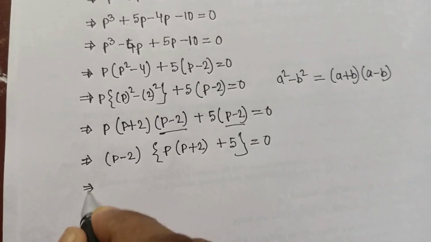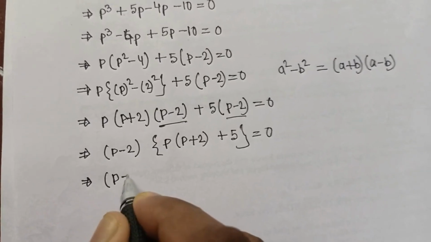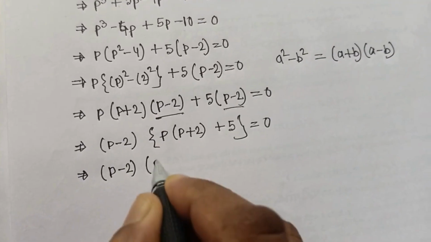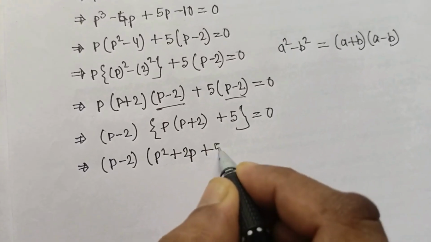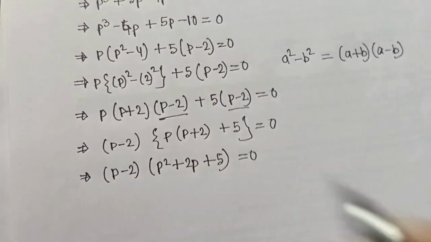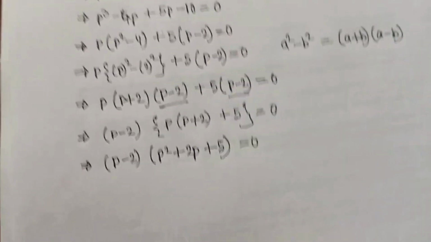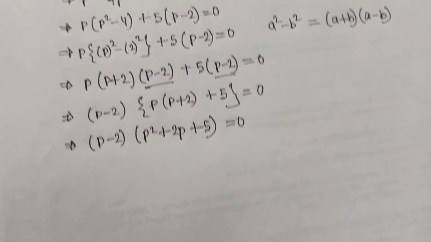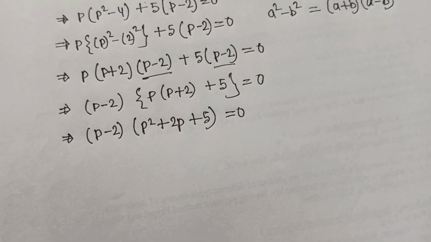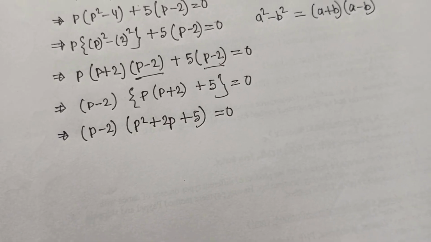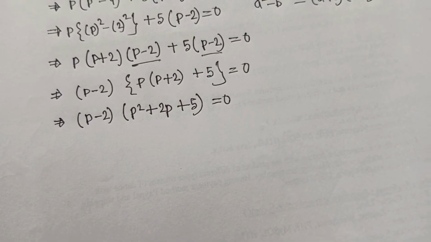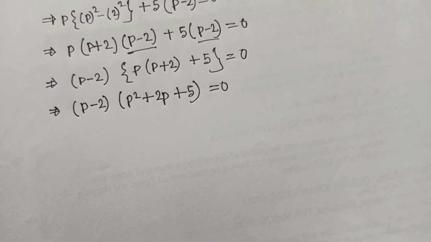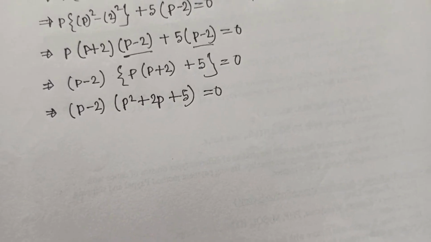So we simplify that equation: p square plus 2p plus 5 equals 0. Now we are seeing that the product of two expressions is 0. So one expression should be equal to 0 or the other expression should be equal to 0.